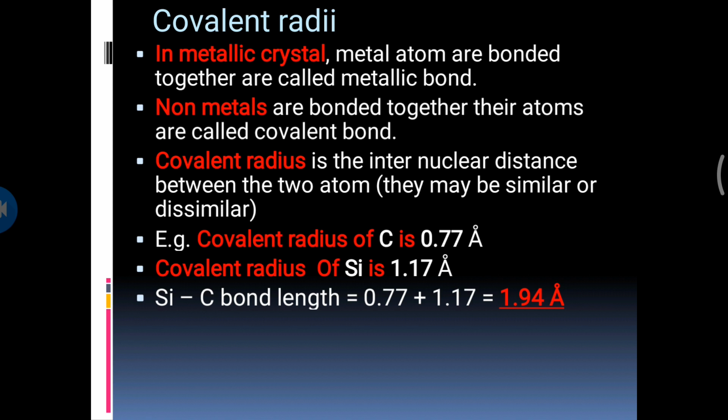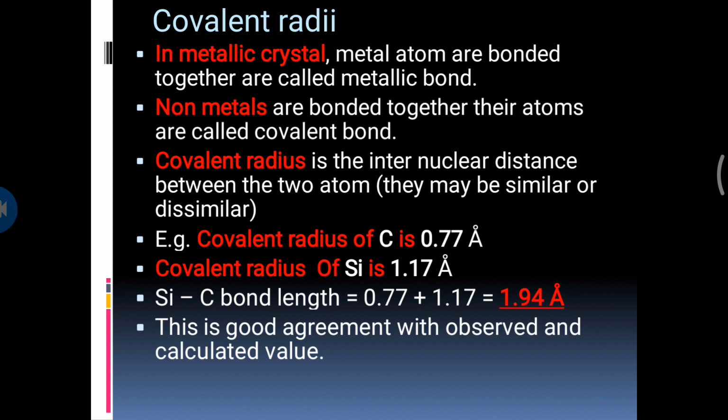So the carbon silicon bond length is 1.94 angstrom. This is in good agreement with the observed and calculated value.